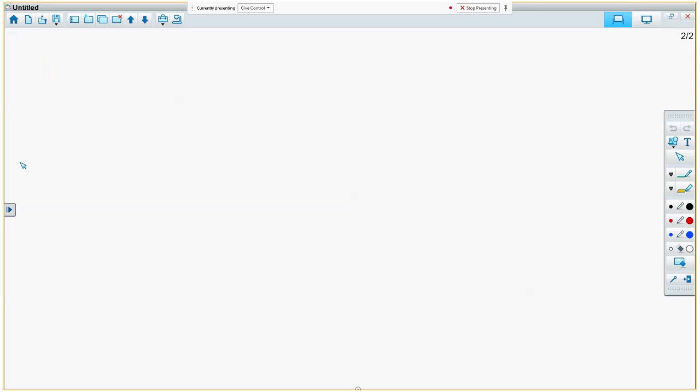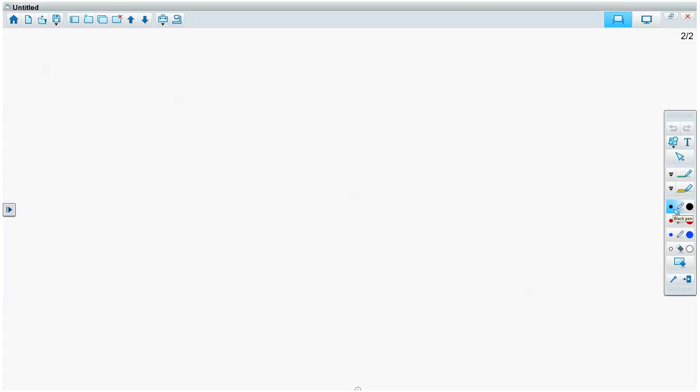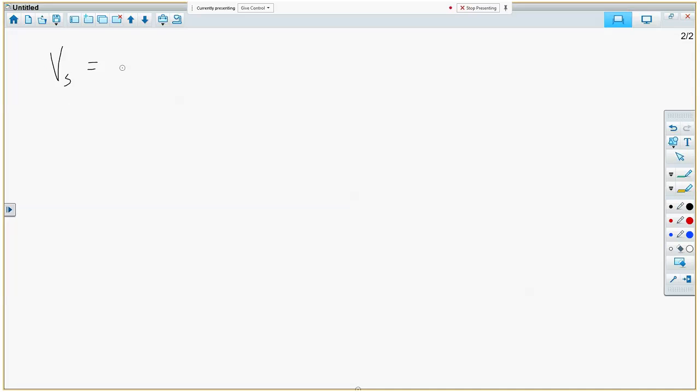V of the slice is equal to pi times 0.125 h quantity squared times delta h. And somebody go ahead and square 0.125 so I can pull it out.